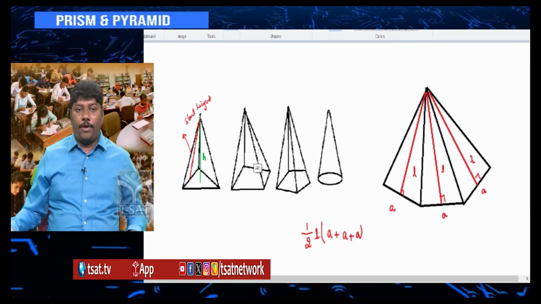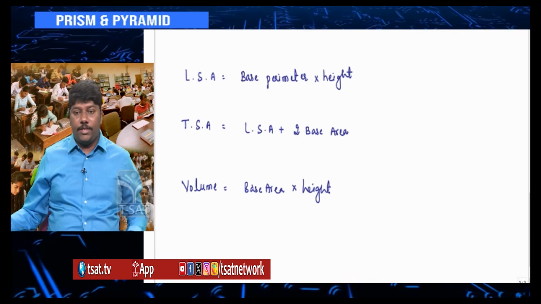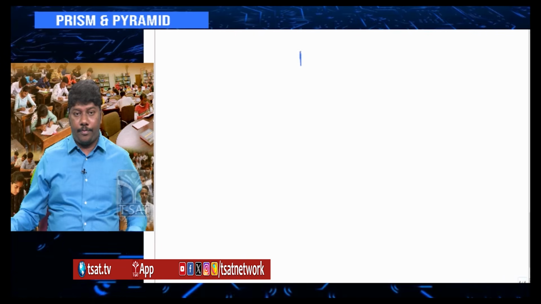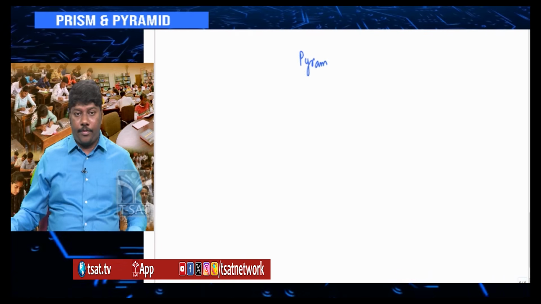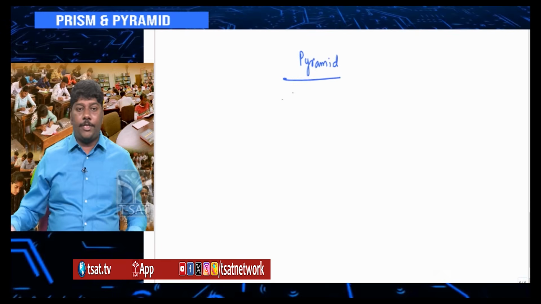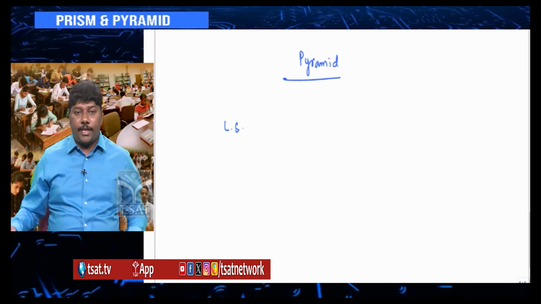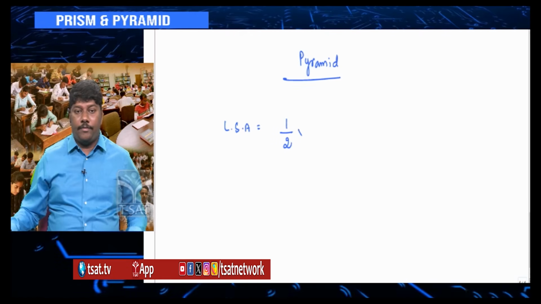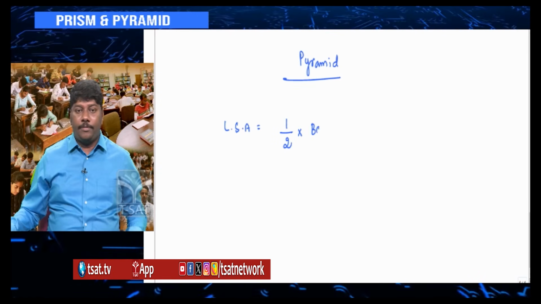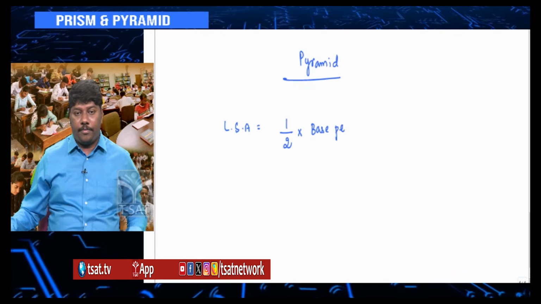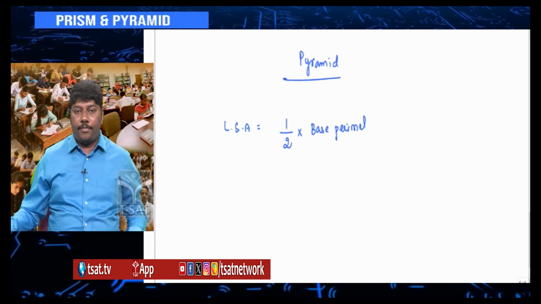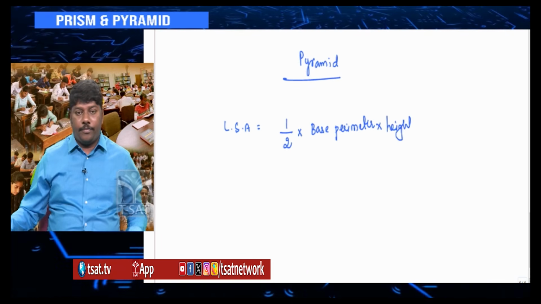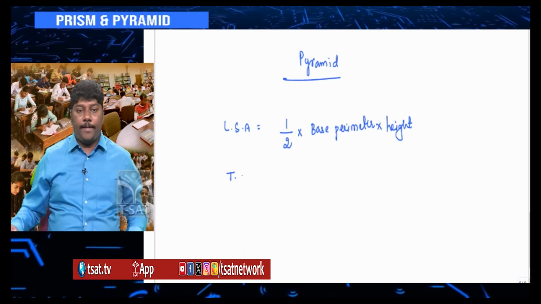So, let us look at the formulas. These are the formulas of the prism. Now, look at the pyramid. We have already seen the explanation. The lateral surface area, as you know, is half of base perimeter into slant height. How do I find the total surface area?